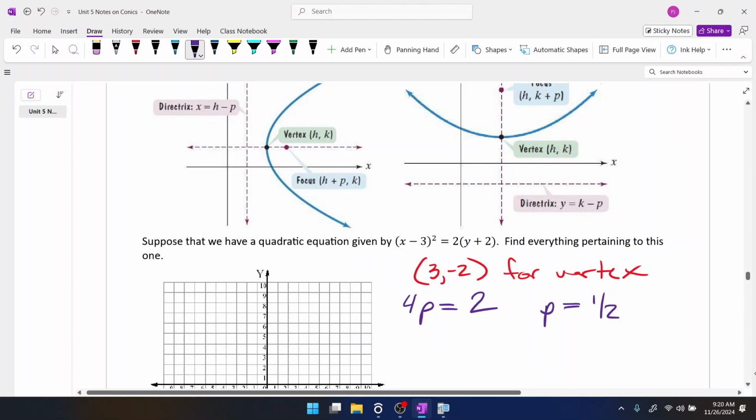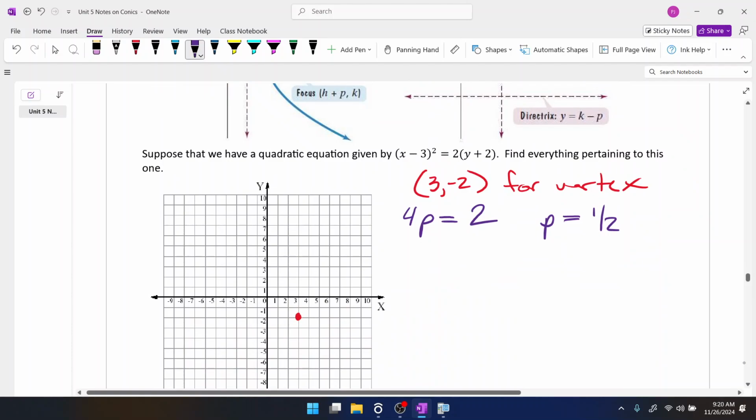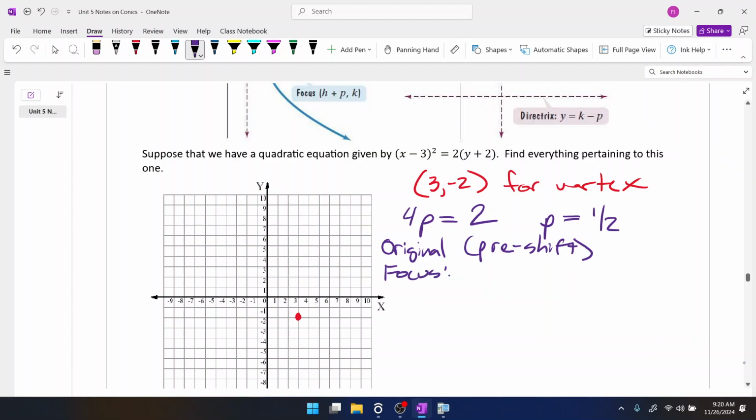Now, you could literally follow these equations to figure out the focus and the directrix here, but I kind of like to look at it this way. The original, or pre-shift, coordinate for the focus is going to be at (0, 1/2), and the directrix will be the equation y equals what?